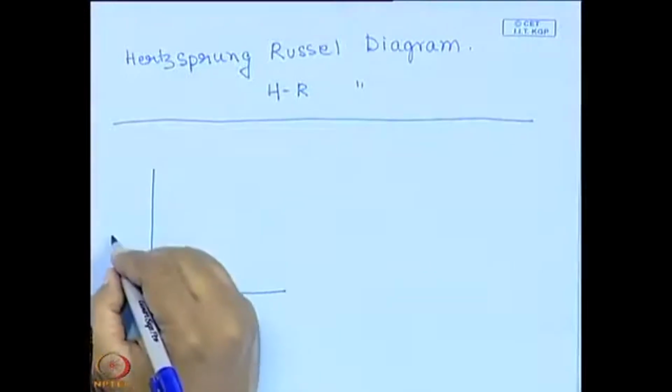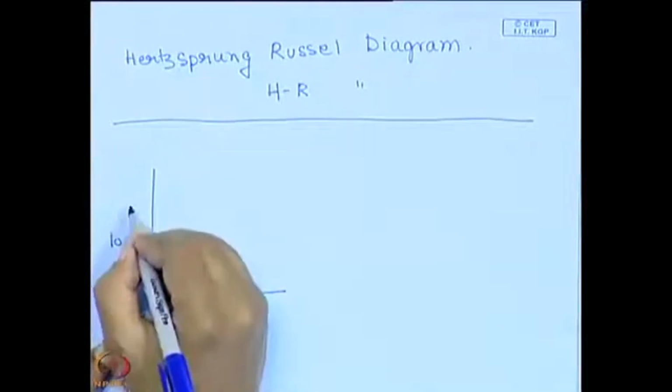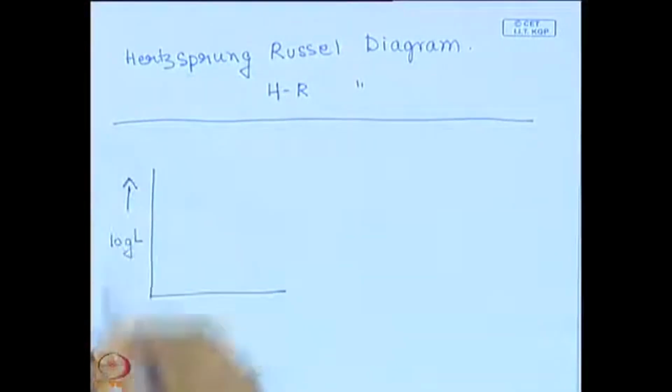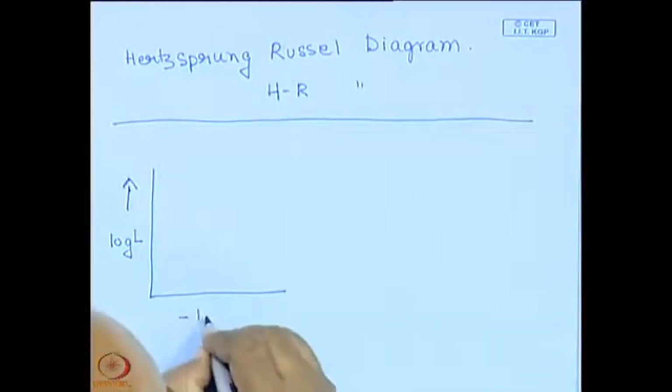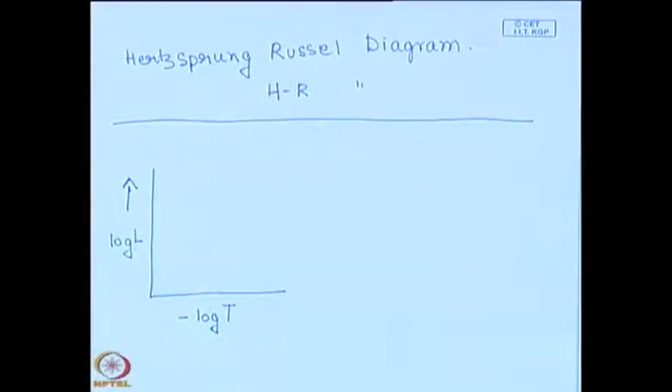You plot log of the luminosity, increasing this way, versus minus log temperature. So the temperature decreases in this direction, it increases this way.